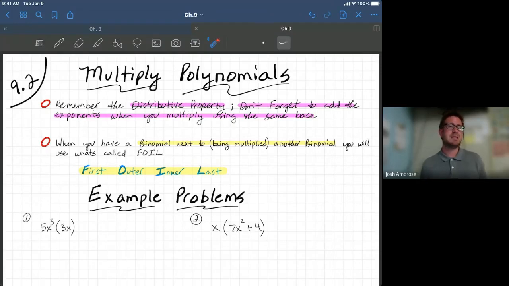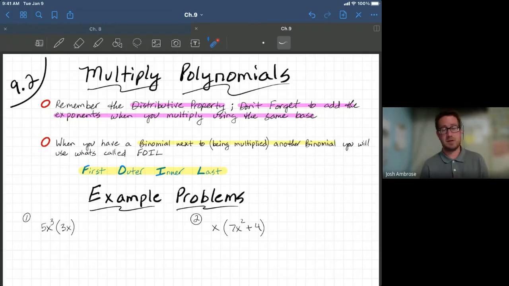Some of this stuff you actually do know already because you did this in Chapter 8. Some things to not forget: don't forget to add the exponents when you're multiplying numbers that have the same base, or a variable that is the same base.